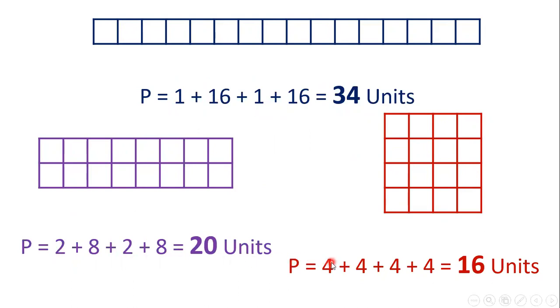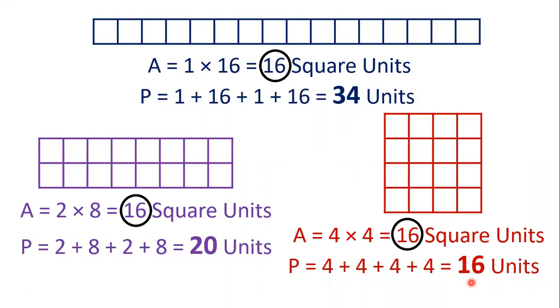And for this one here, the perimeter is 4 plus 4 plus 4 plus 4 equals 16 units. As we can see, each rectangle has a different perimeter. This one has the greatest perimeter, and the red one here has the smallest perimeter.